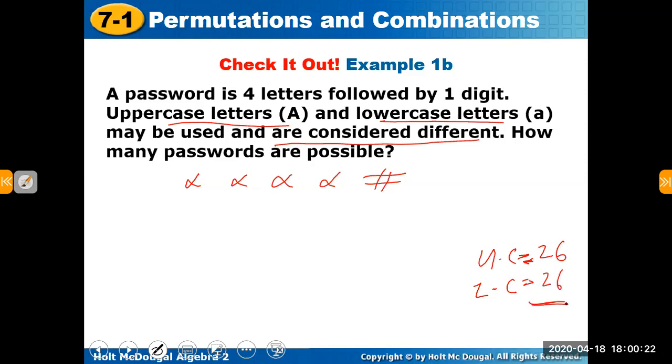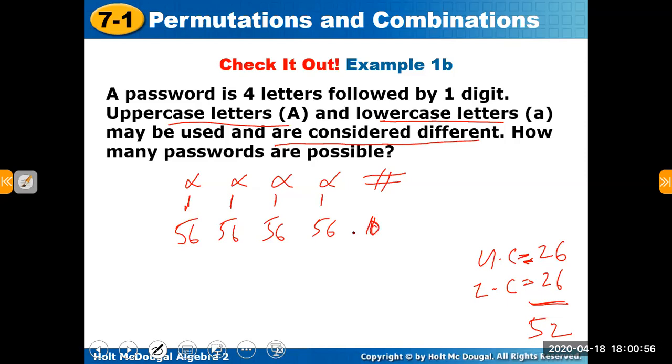That means I have a total of 52 options for each letter in the password. I have 52 options for this because I have 26 uppercase options and 26 lowercase. And here also 52, here also 52, here also 52. The digit, as we know, we have from 0 to 9, which is 10 options.